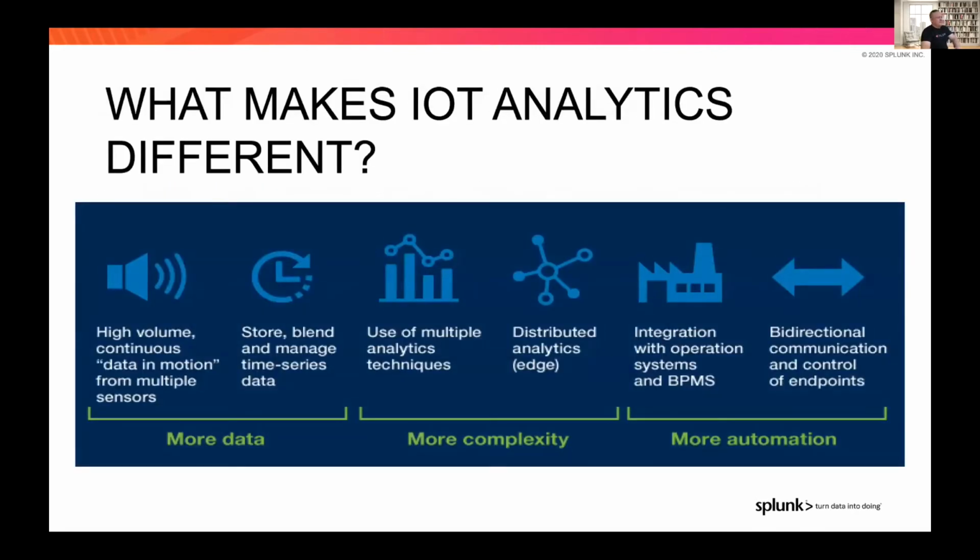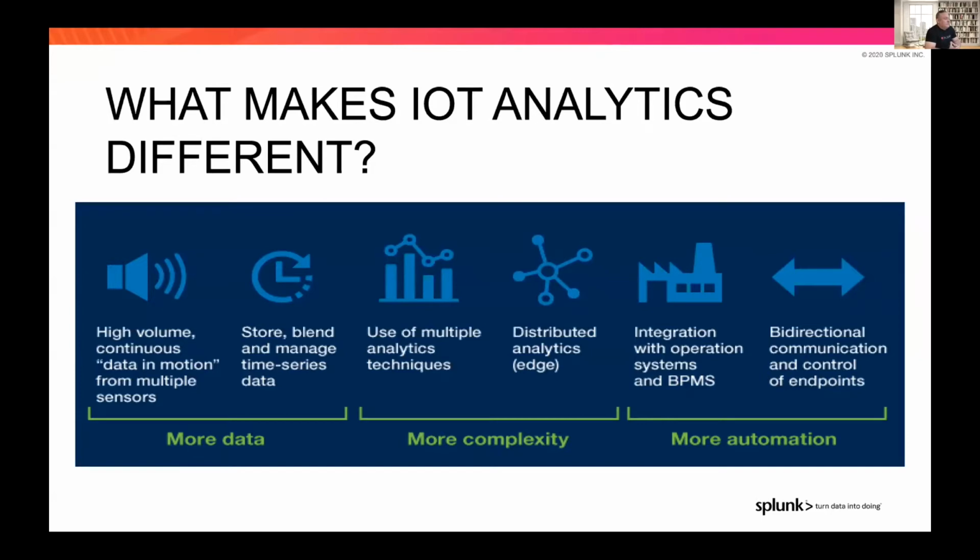So what makes IoT analytics different from traditional analytics? These are just some of the highlights that I like to focus on. There are obviously multiple factors, but I put it into these three boxes. You just have more data, tons and tons of data coming in constantly, time series data coming in continuously. It's also more complex. You have multiple analytic techniques involved, and the analytics are distributed across the edge as well.